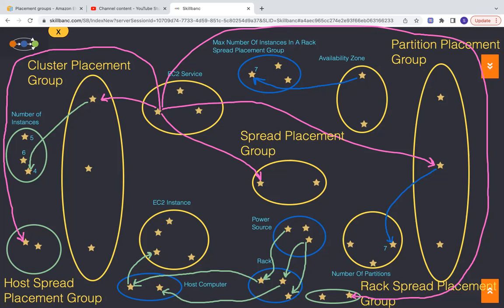So I have to make sure that this application is spread across availability zones, communicating using different hardware, different power sources, and so on.